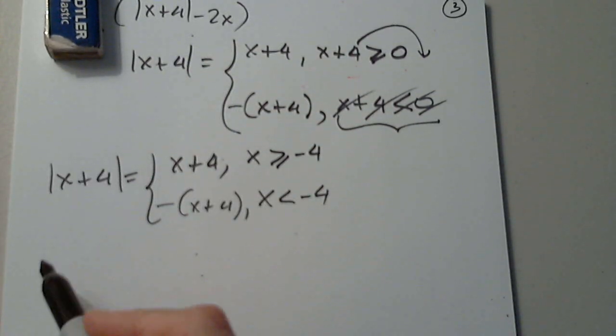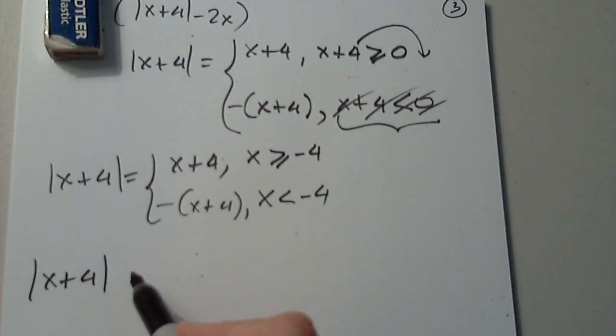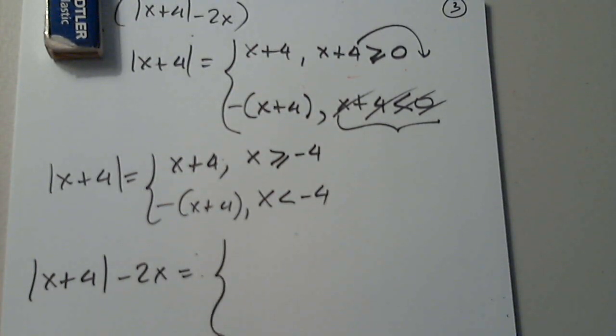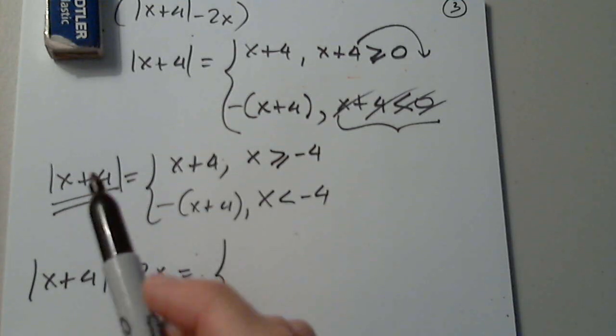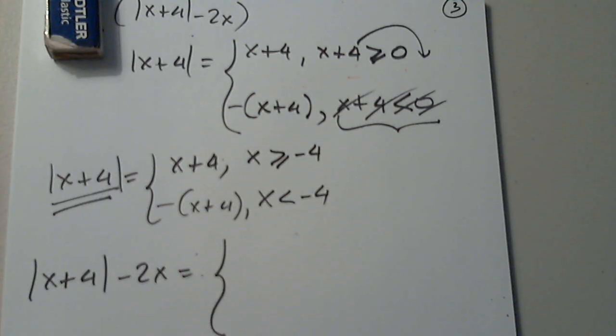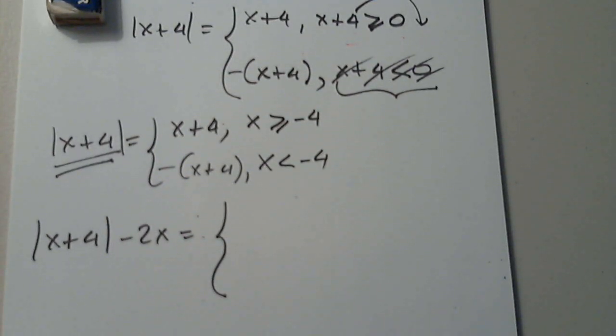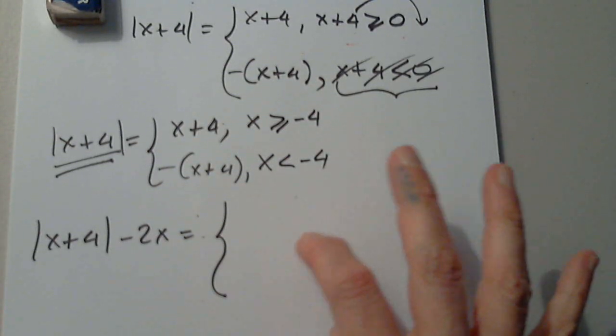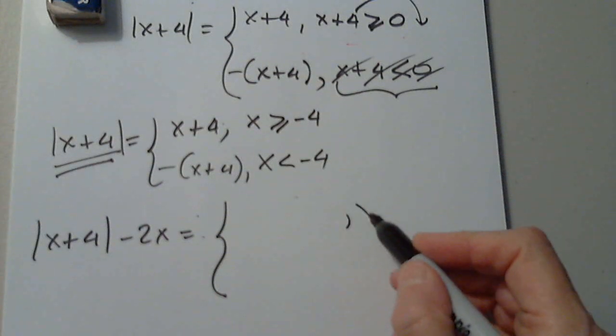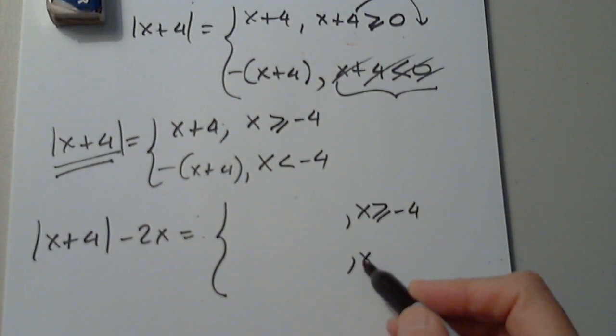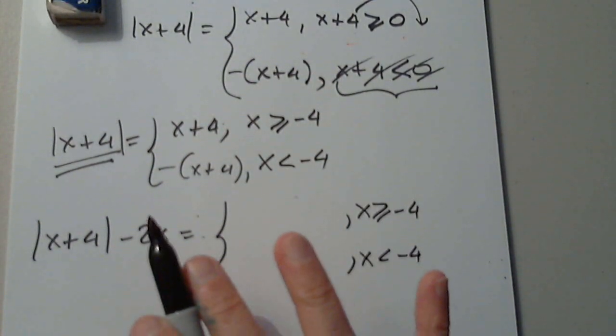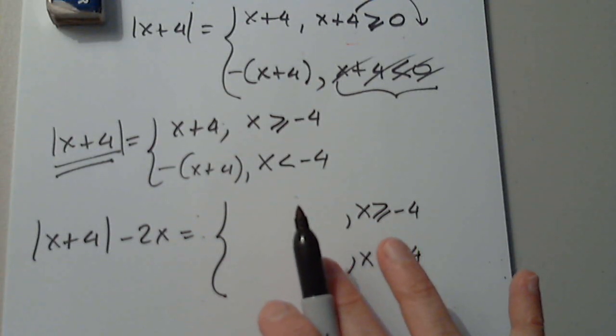So now the entire function, the absolute value of x plus 4 minus 2x, must have two options because this piece has two options. Can anyone tell us what we write first? Would we combine the like terms? Let's write it for everyone to see first, but you're correct.